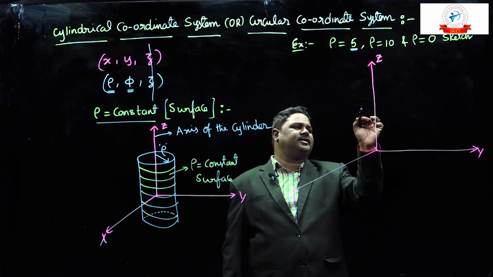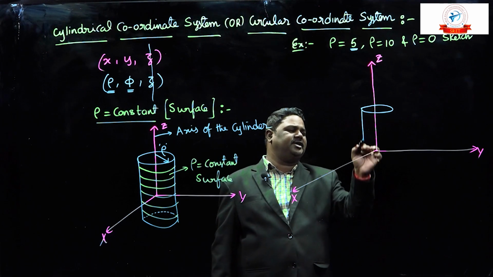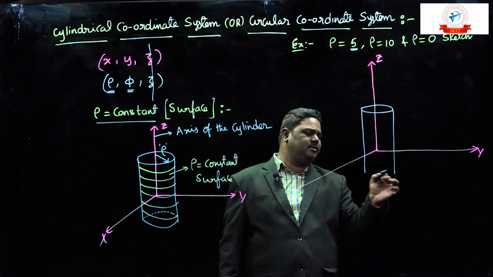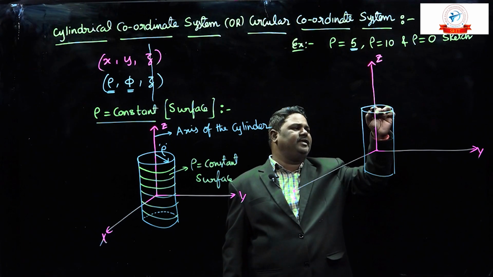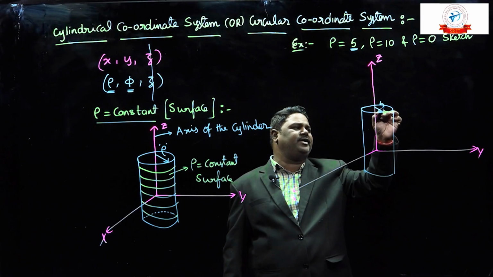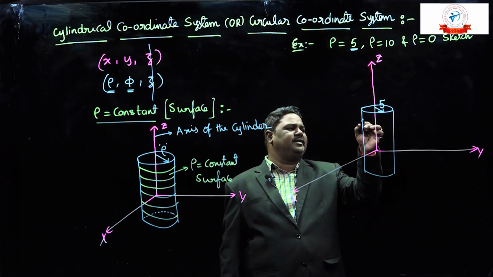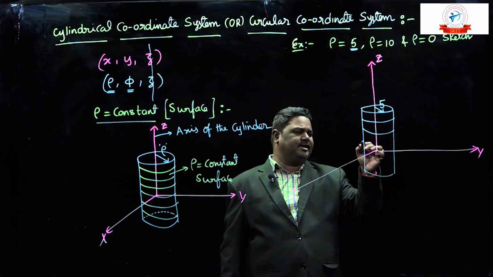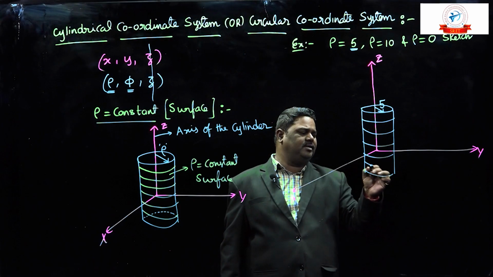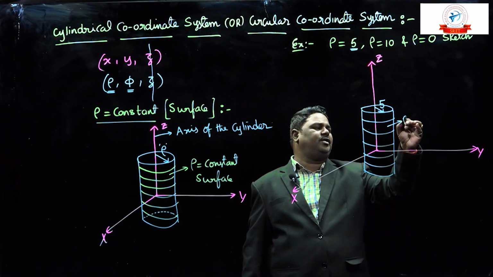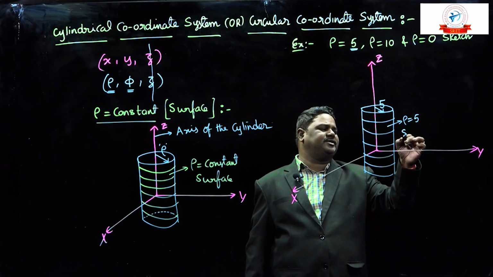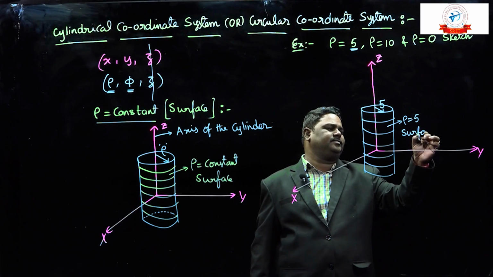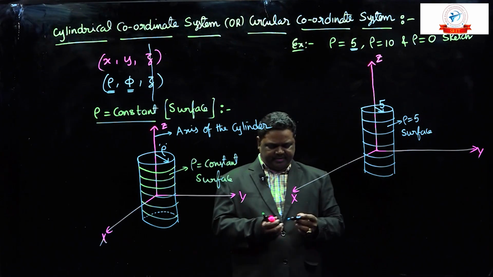So consider a cylinder whose radius is 5 units. Then the entire surface of the cylinder is called the rho is equal to 5 surface.